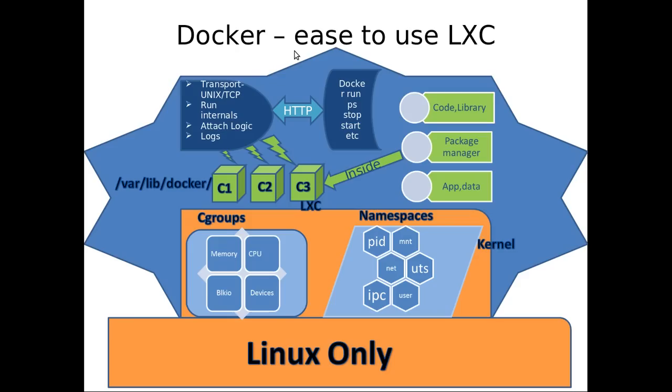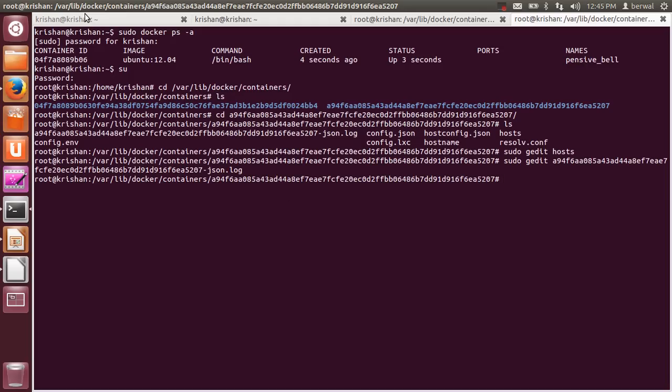If you look, one more important thing: whenever we are creating, stopping, or starting the container, that time the container is under the control of Docker. Otherwise it is just sharing the Linux kernel. I want to show this example.